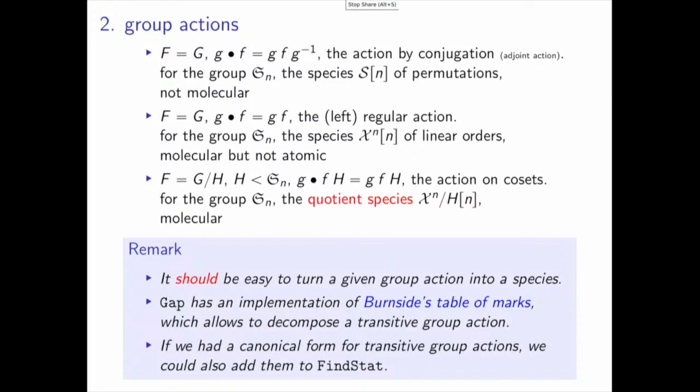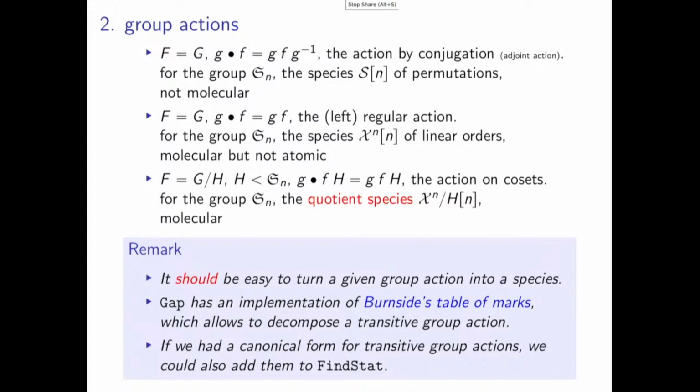It would be very nice to consider statistics on group actions. But for this, group actions would have to be a combinatorial collection in FindStat. And mathematically this is possible, but just nobody has provided a canonical form for transitive group actions.